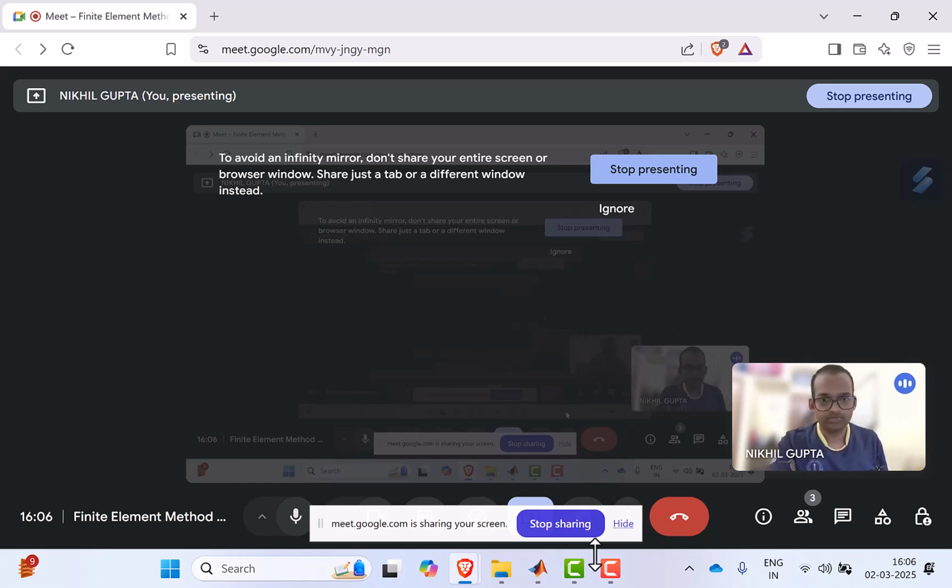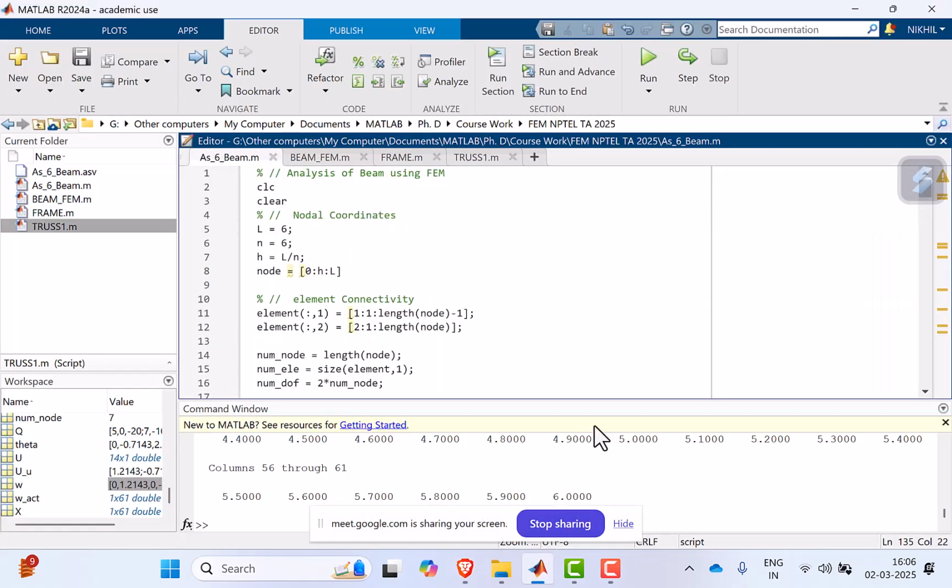Okay, I hope this is visible to all and you are able to see my MATLAB code. What I can do is share this as well if possible.